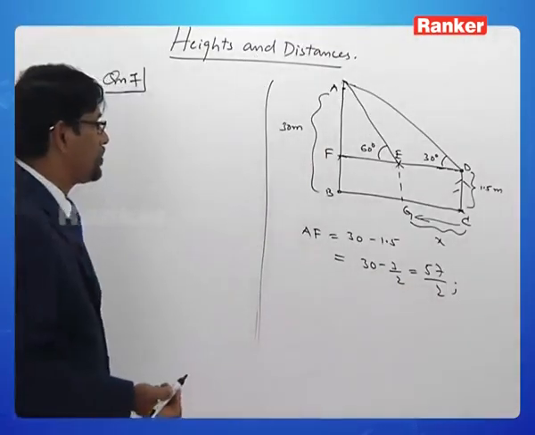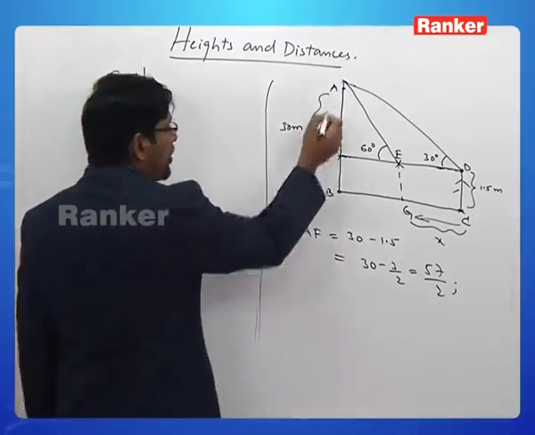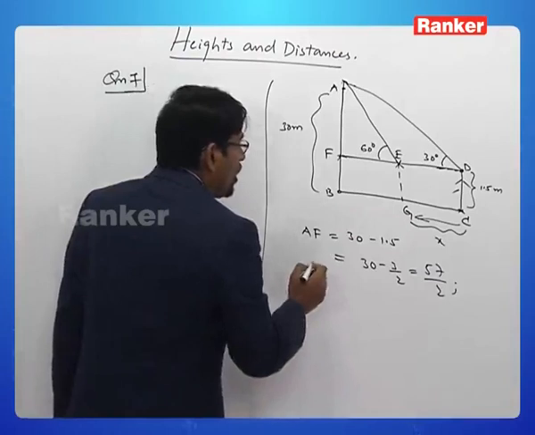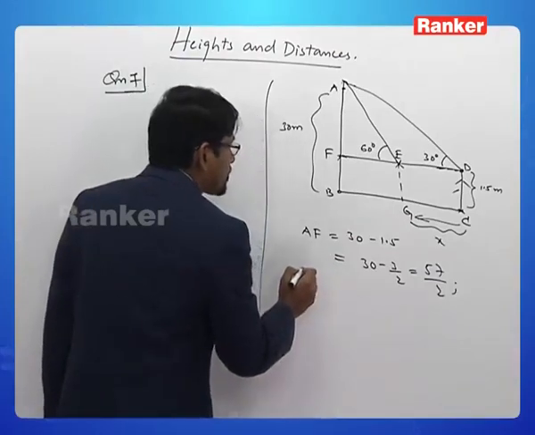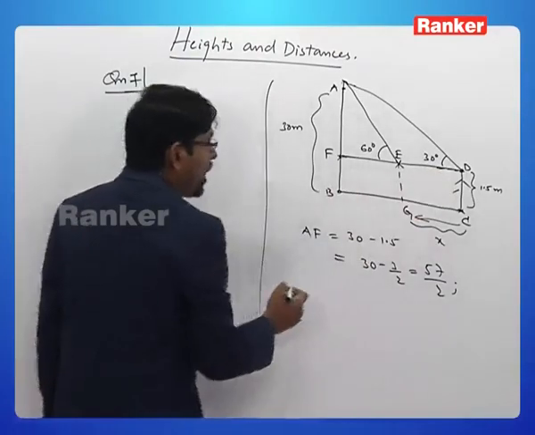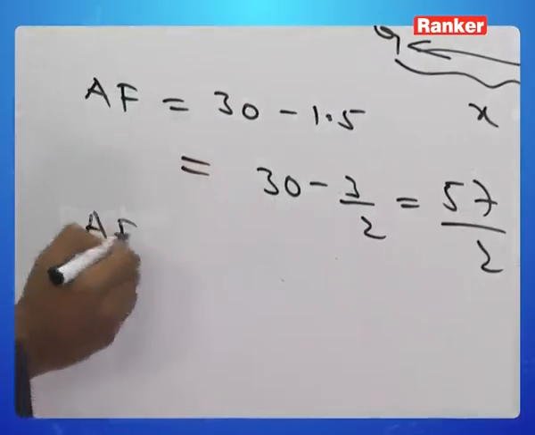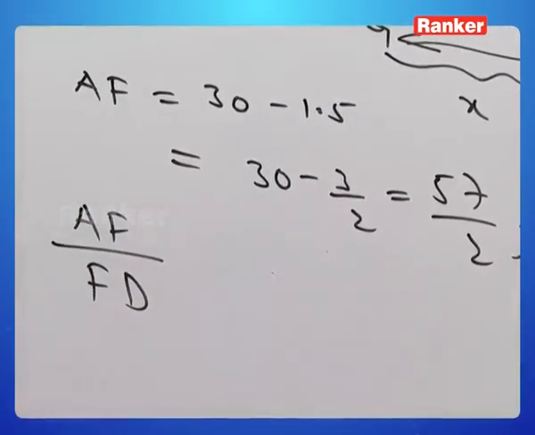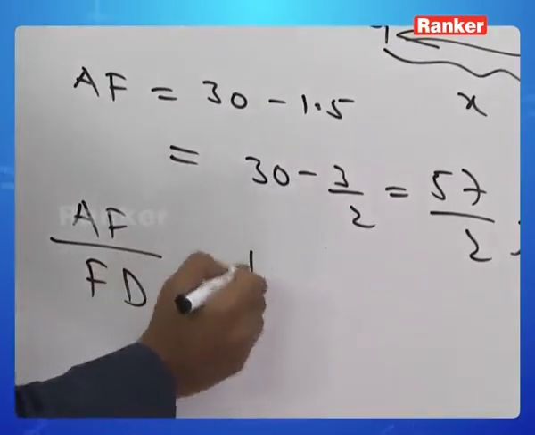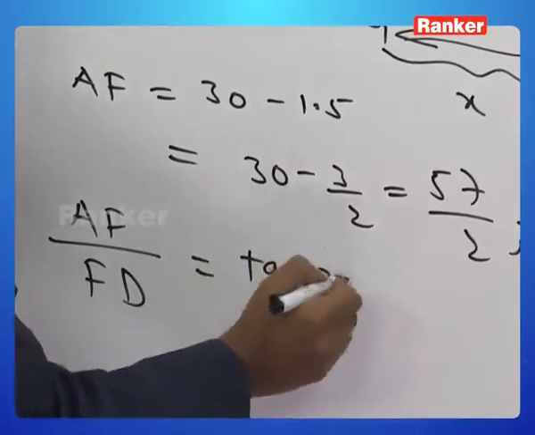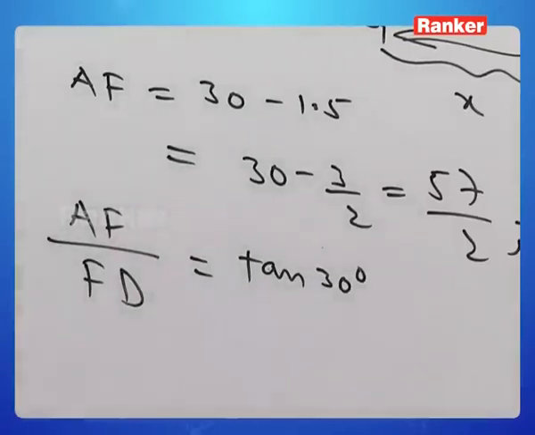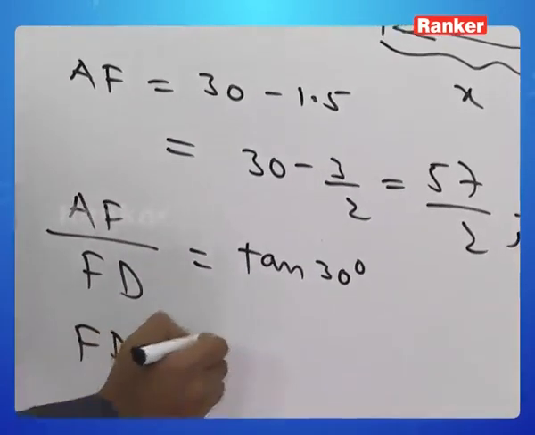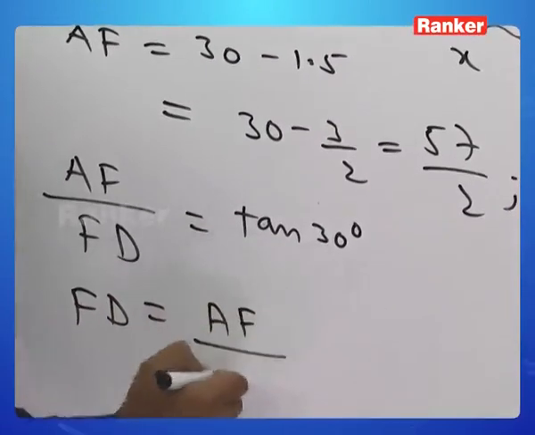So AF is 57 by 2. Now, what about FD? AF by FD is equal to tan 30. So in other words, FD will be AF by tan 30.